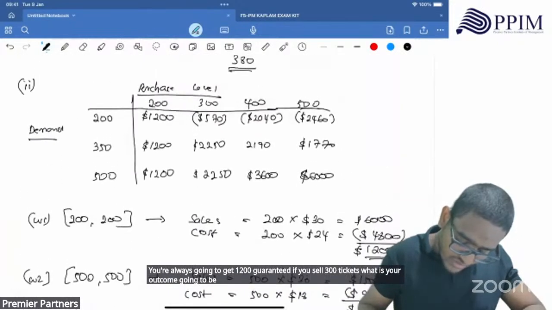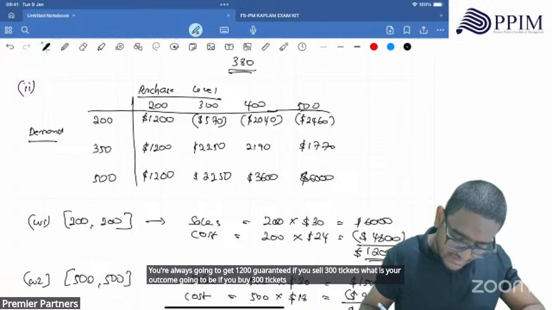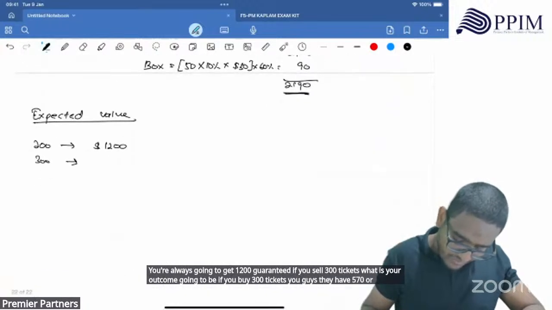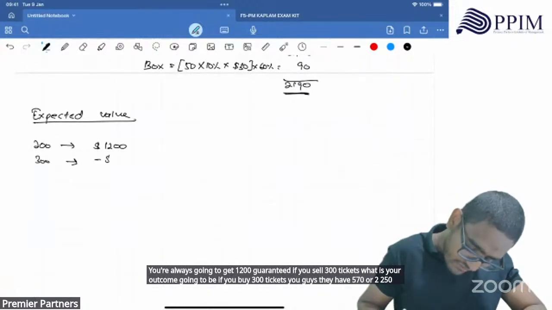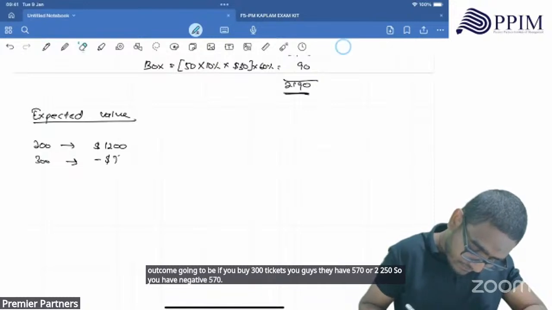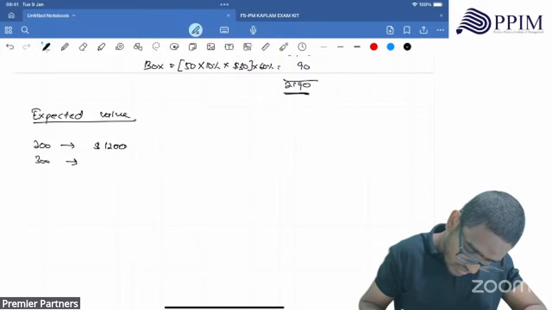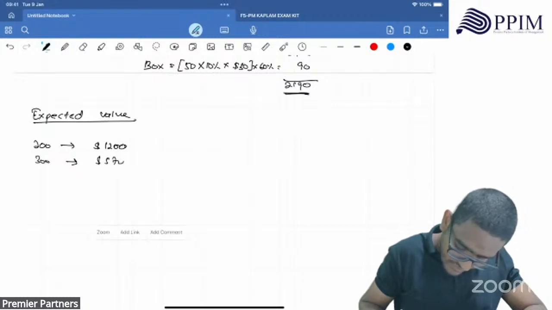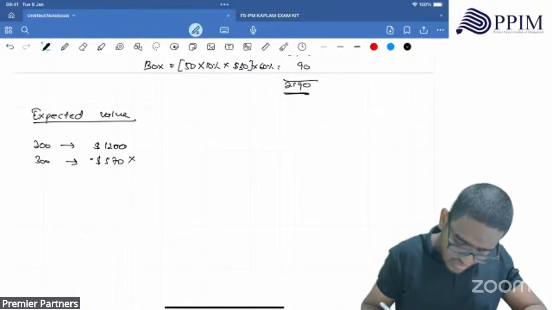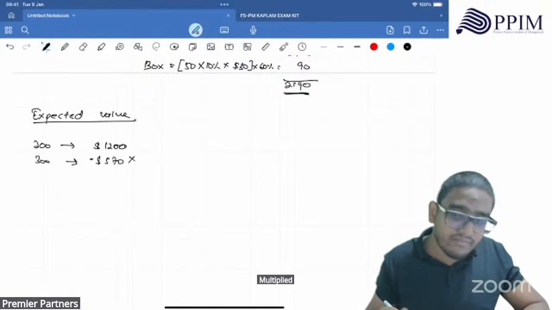If you buy 300 tickets, you either have negative 570 or 2,250. So you have negative 570 multiplied by the probability of 570 happening.